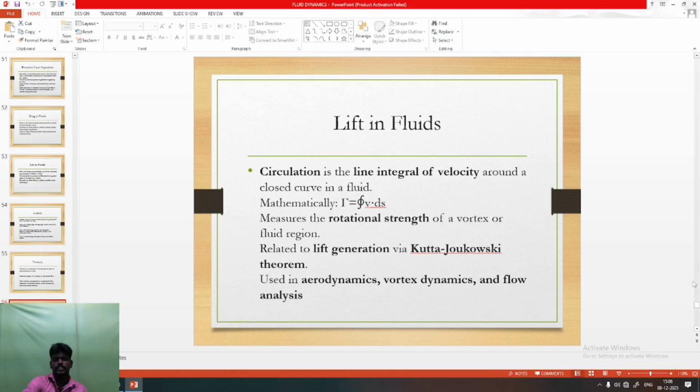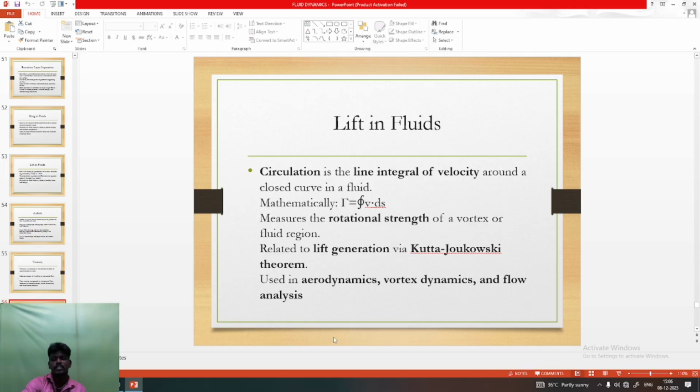And the lifting fluids. This is circulation and lift. Circulation is the line integral of velocity around a closed curve in a fluid, where the closed curve is represented by C, V is the velocity and dl is the element along the curve. This is a mathematical term, gamma. It represents the circulation.